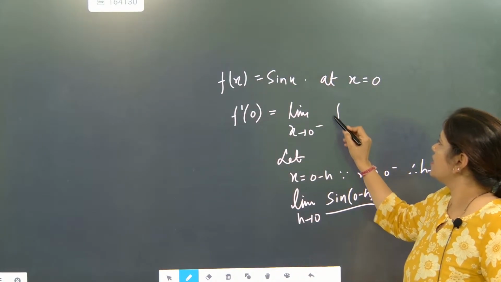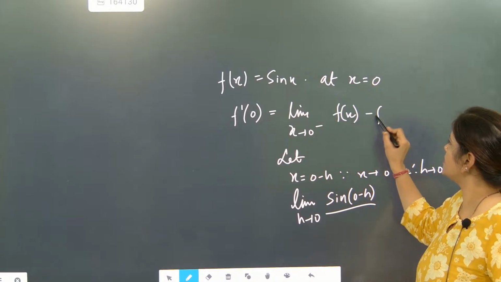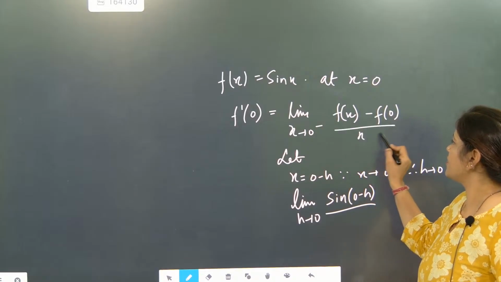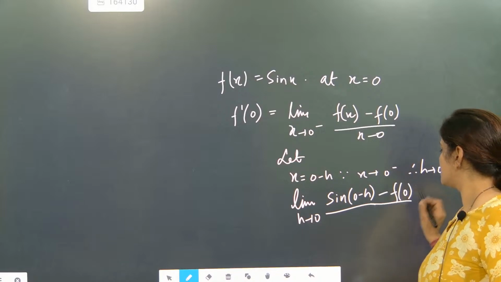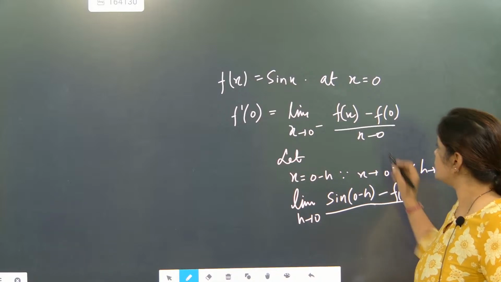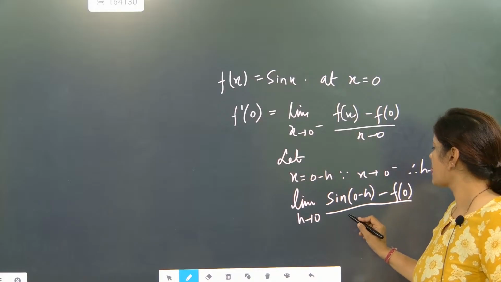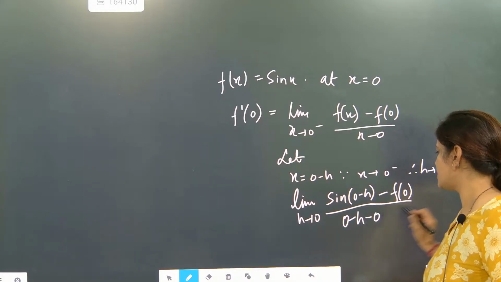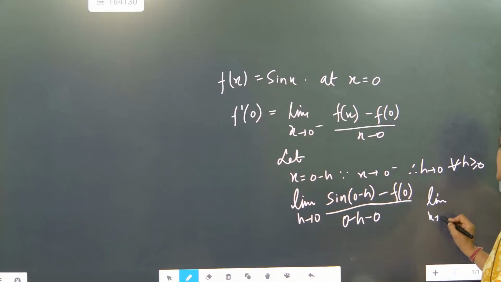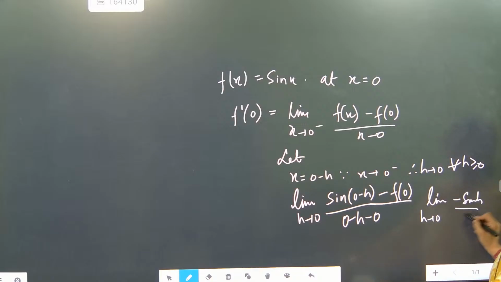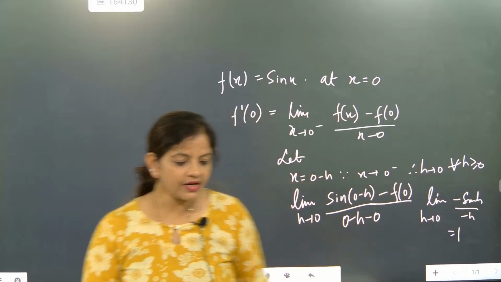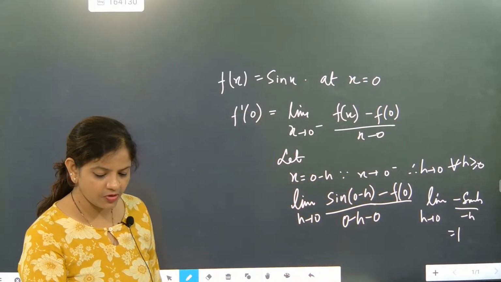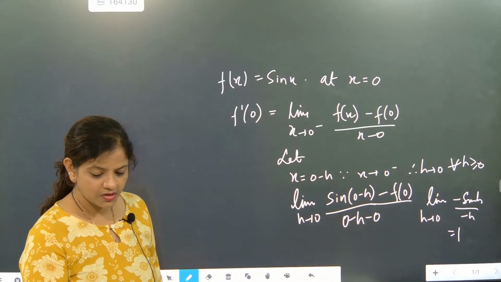It is f of x minus f of 0 by x minus 0 according to the formula. So here it is coming as f of 0. So 0 minus h. So here sine of 0 will become 0 only now. And here it is 0 minus h minus 0. So limit h tends to 0 sine of 0 by minus h, answer will come as 1. So directly we can implement and get the answer. Understood this one or not?